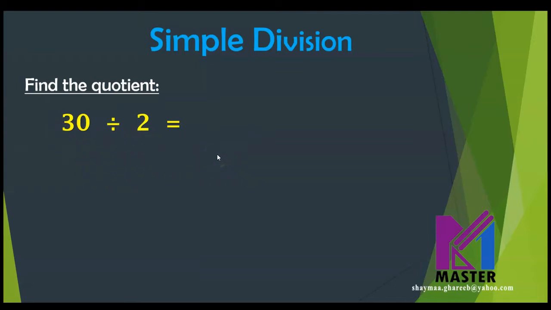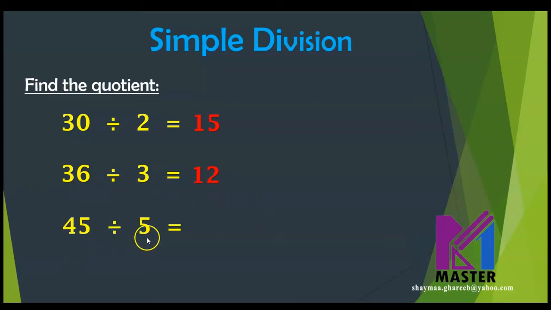The answer is 15. 36 divided by 3, which means how many 3's are there in the 36? Or what number, when I multiply it by 3, gives me 36? So it's 3 times 12. So the answer, or the quotient for this division sentence, will be 12.